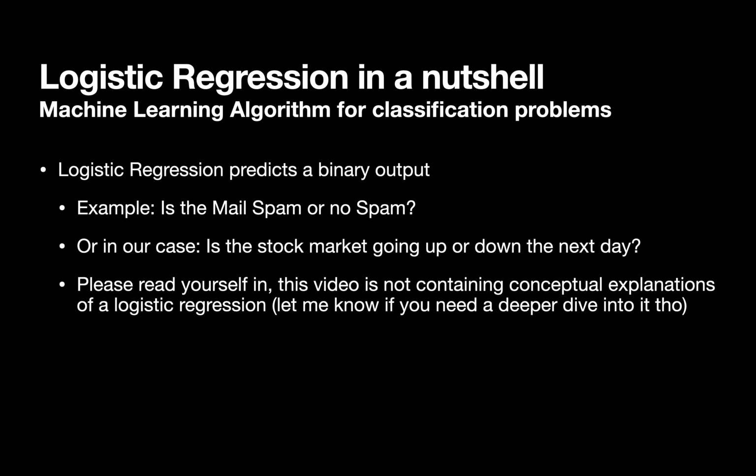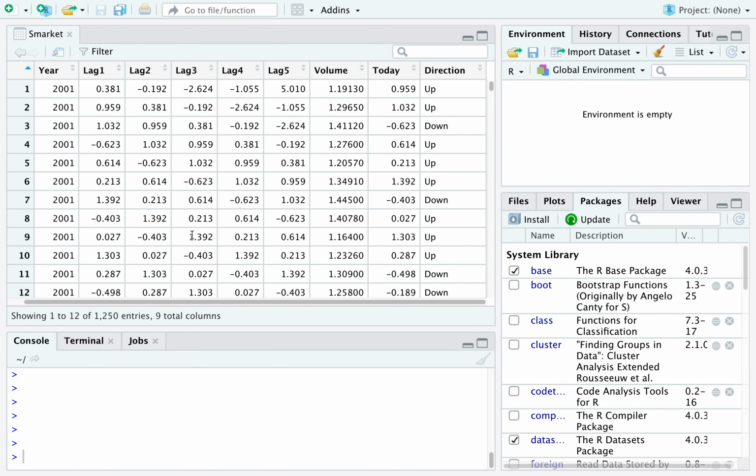What you are seeing here is a data frame in R. This data frame is part of the ISLR library. Again, you don't need to understand how to get this in R, but you need to understand what this data frame is containing, as we want to replicate it in Python where we don't have this ISLR library. So this data frame contains the daily returns of the S&P 500 from 2001 until 2005.